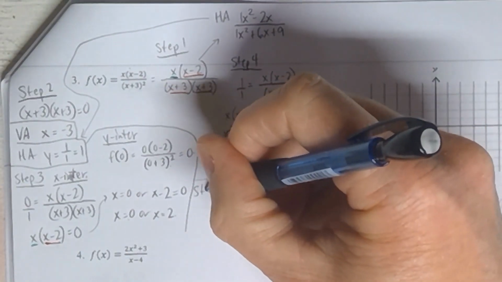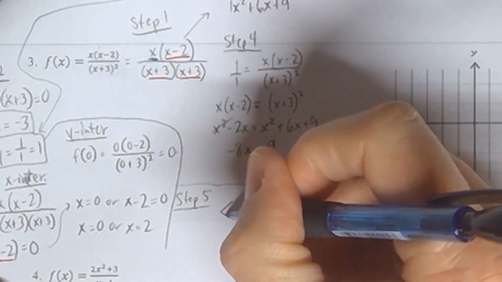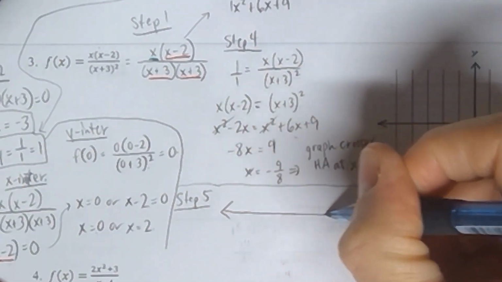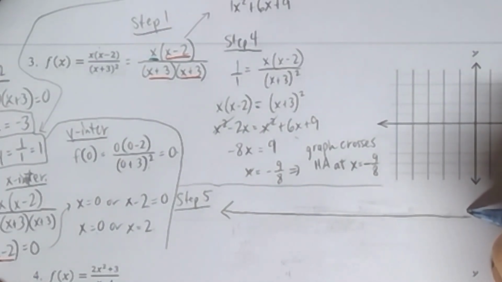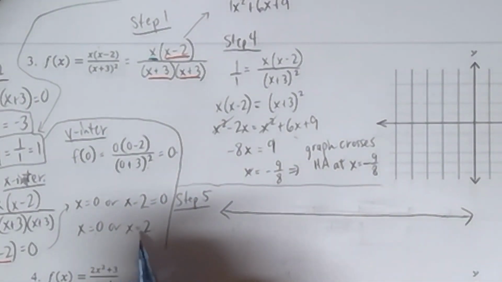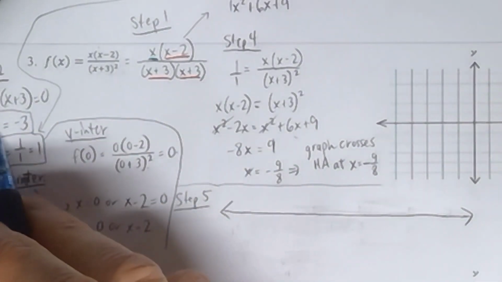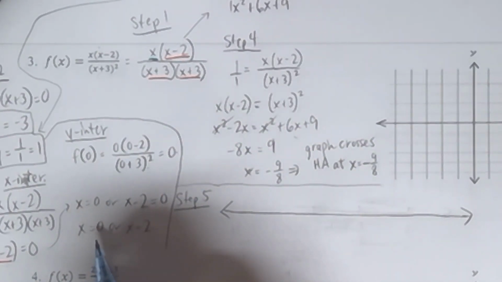Step 5. Going on to step 5, we got to make a number line here. We have to put down all of the numbers that comprise the x-intercepts and the vertical asymptotes. Again, this is from step 5 that we looked at on the previous sheet.